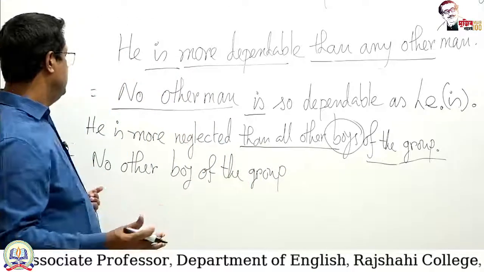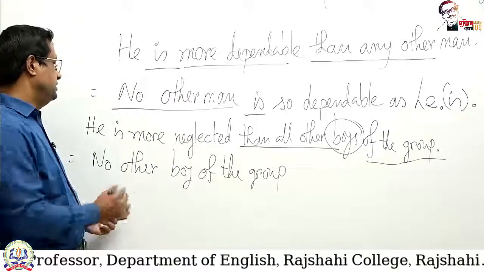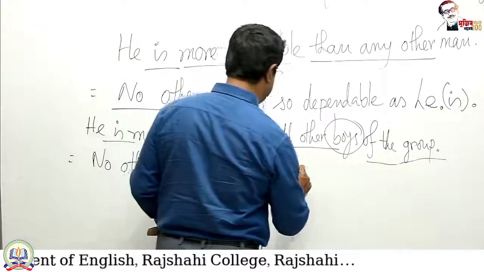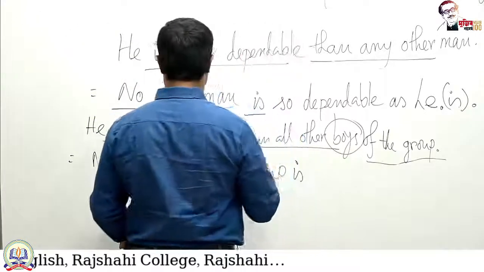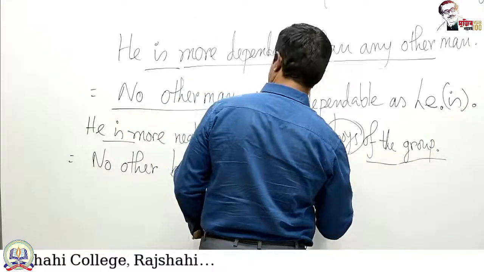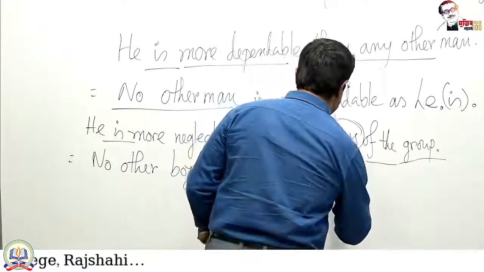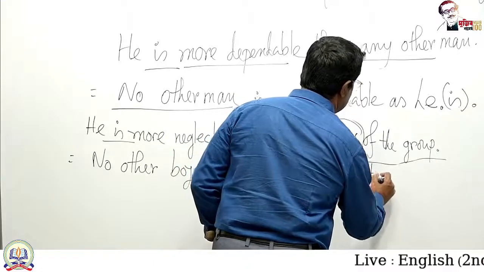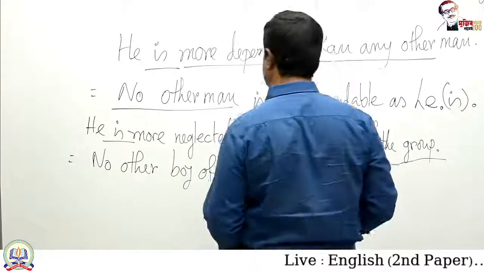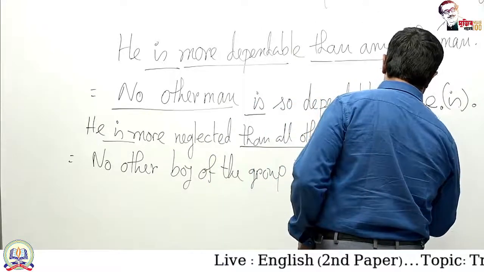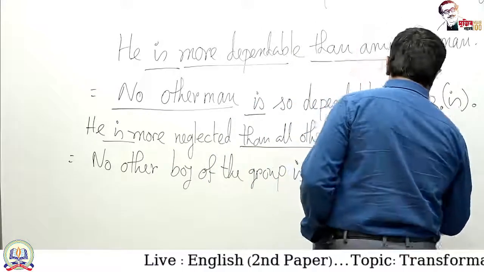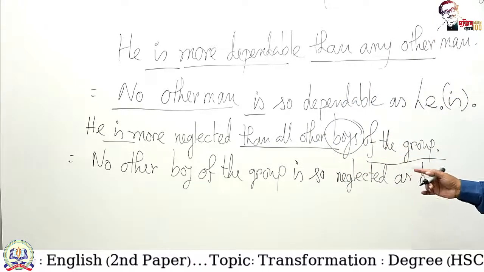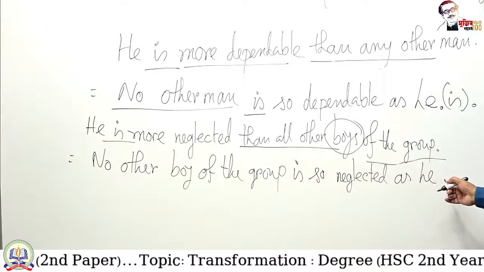Then we have completed the subject. Now come to the verb. Is so neglected as he. That is, as he is. We don't write is.